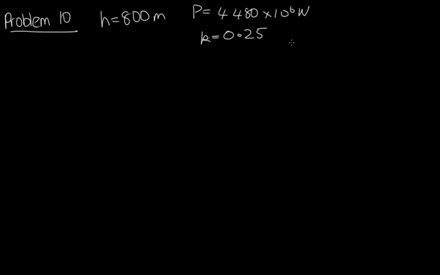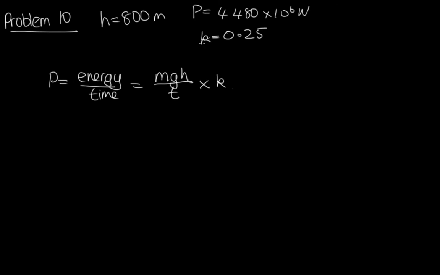We're asked what is the volume flow rate of water through the Snowy Mountain scheme. So we know that power is equal to energy over time. In this case, we're using energy in the form of gravitational potential energy stored in the water. So this energy is mgh over the time, and then we need to times it by the efficiency.